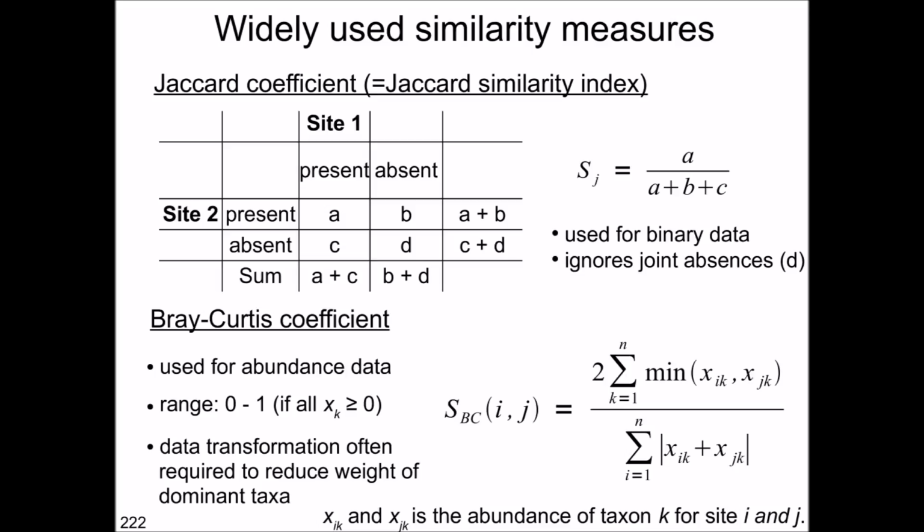So the overall level of abundance influences this index. And if you have different levels of abundances in which a species occurs in a site, then you should transform the data before to reduce the weight of dominant taxa.